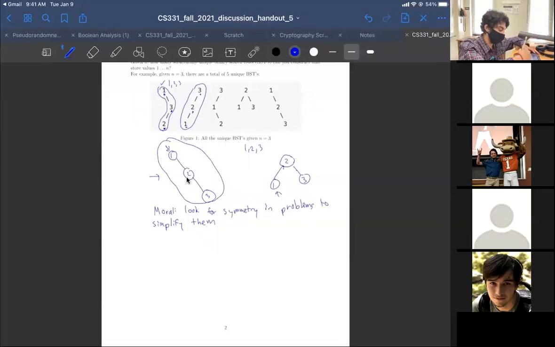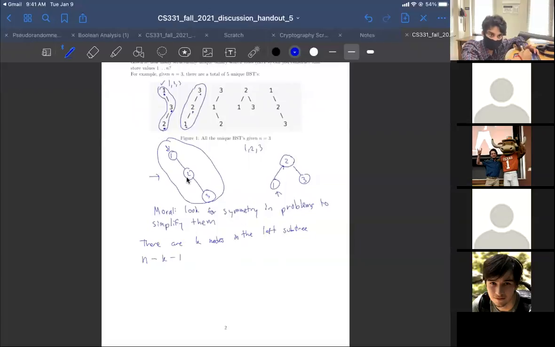And if there are k nodes in the left subtree, how many must be in the right subtree? Remember, we have n nodes total. K of them are in the left subtree, and one of them is the root. So how many must be in the right subtree? N minus k minus 1.